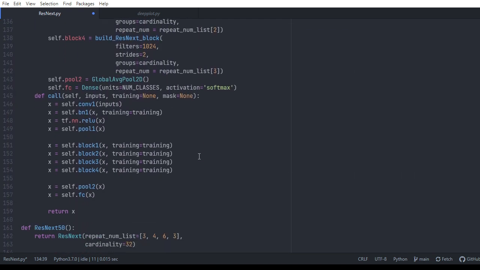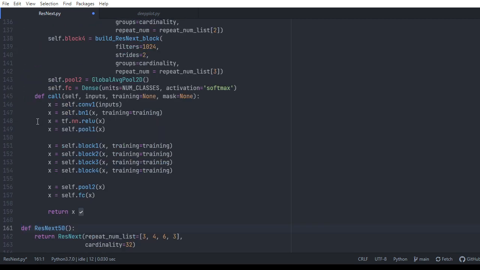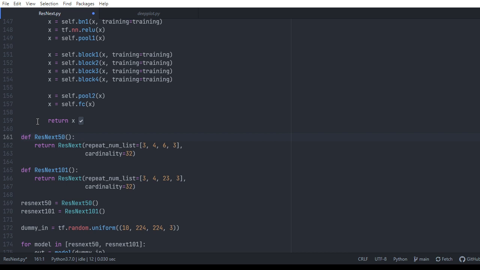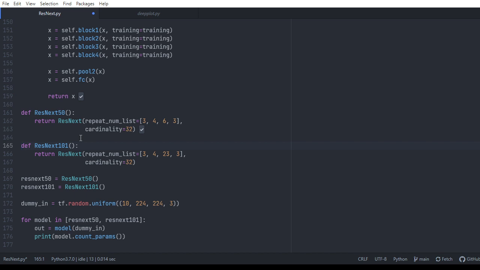Now when we want to create a function that instantiates the ResNext 50, that's it. And then for the ResNext 101, which we said is 3 4 23 and 3, that's it.